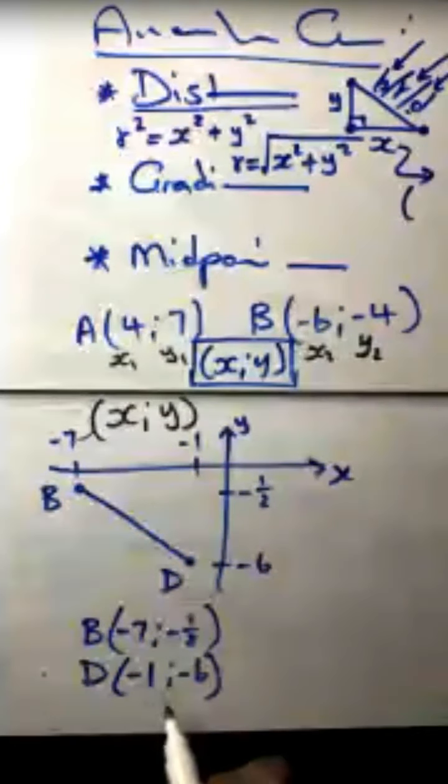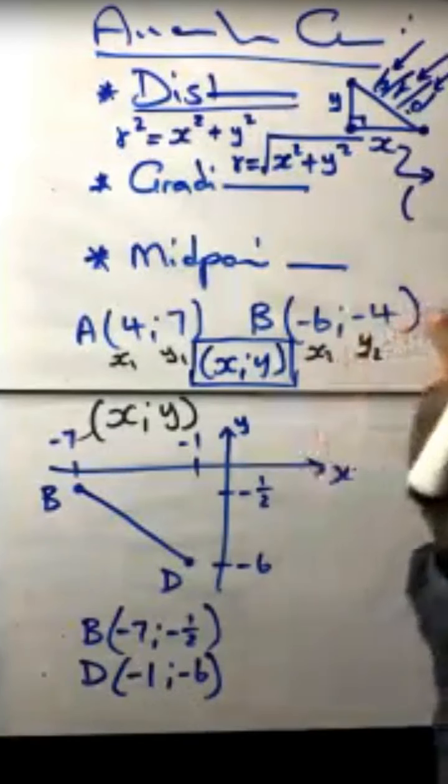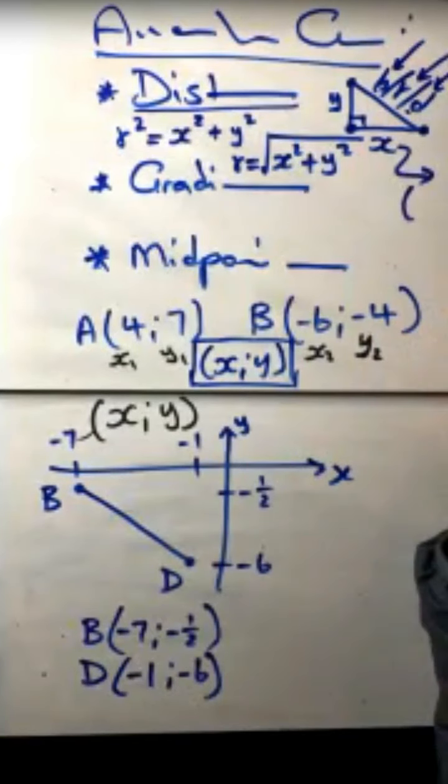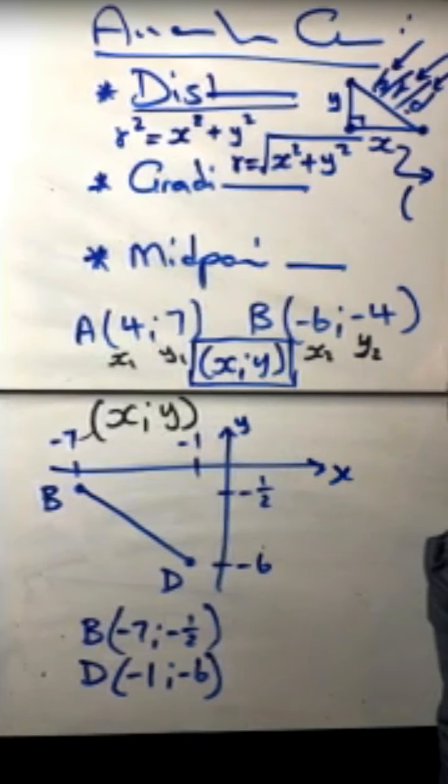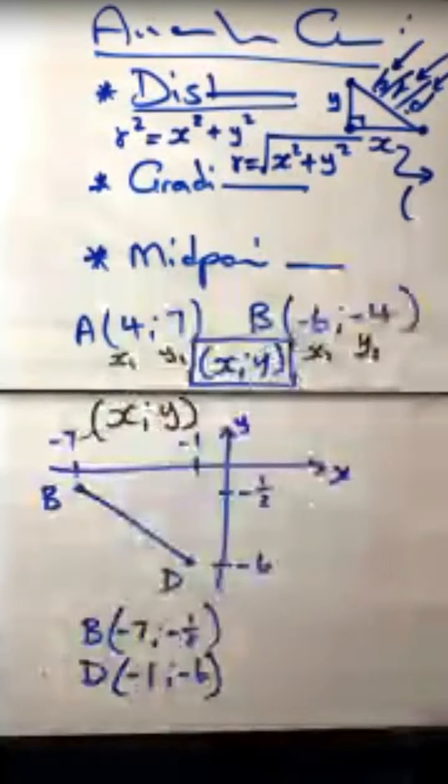Obviously, okay, Lerato, what are our second values and what are our first values and why, using what Shreyas has said? B will be our first values and D will be our second values. Okay, that is fine.